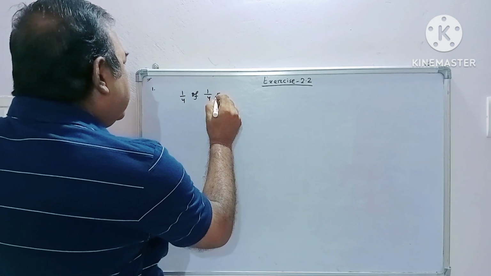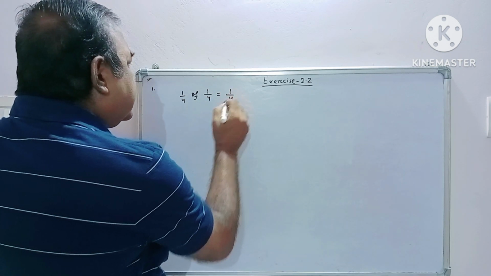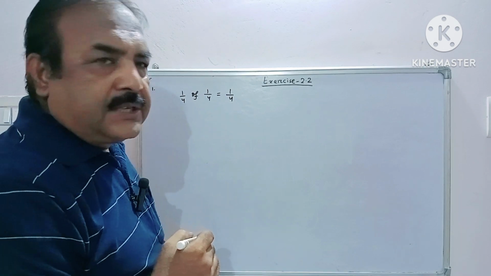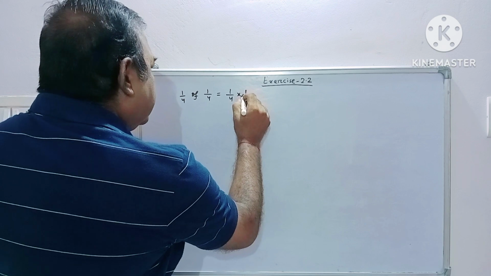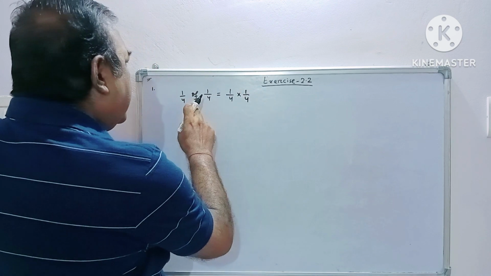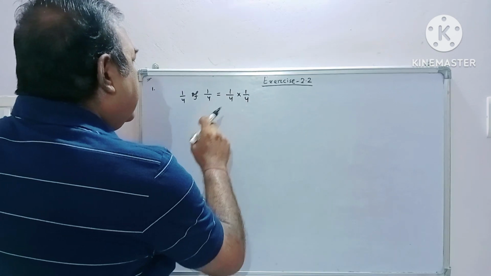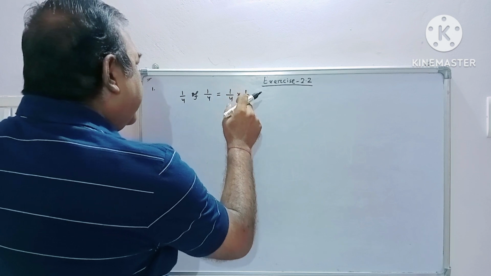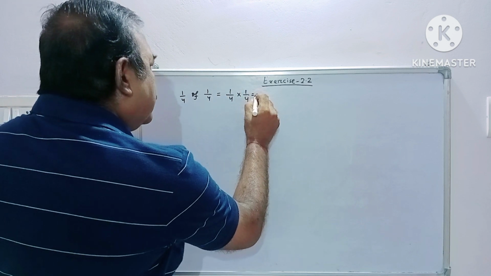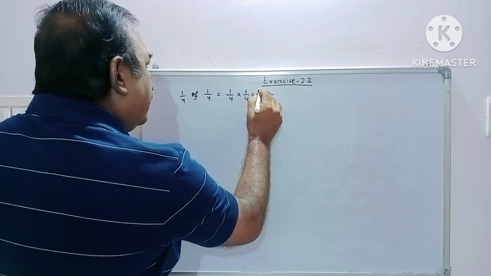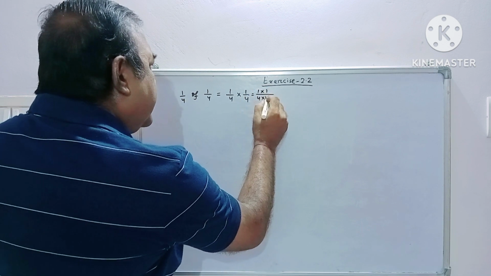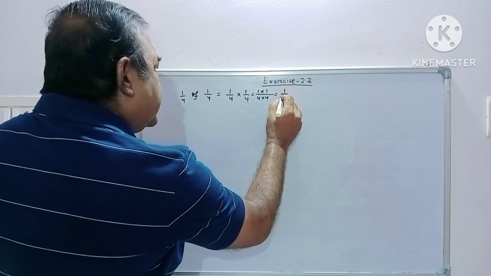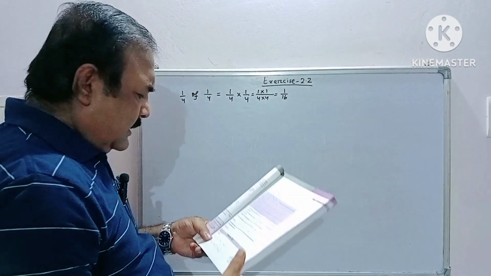So you know, of means we have to give the multiplication sign. So in place of, you give this symbol, 1 upon 4 into 1 upon 4, that is equal to, you give the bar, 1 into 1, numerator into numerator by denominator into denominator. You just do like this.